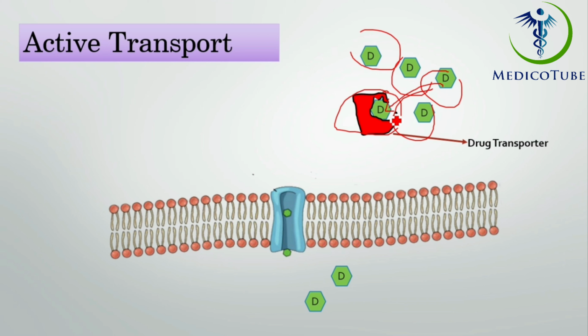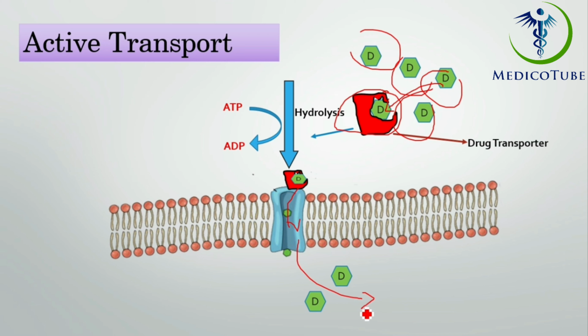The drug binds with the drug transporter, and then hydrolysis occurs and ATP is converted into ADP. So here we need energy. This is energy dependent. The carrier protein takes the drug across the cell membrane, and the drug reaches inside the cell. So this was simply about active transport.